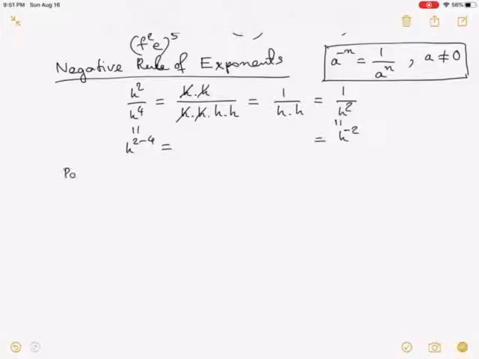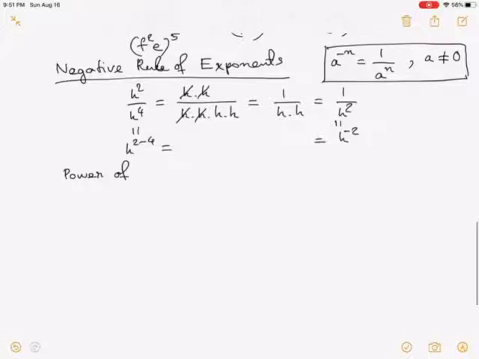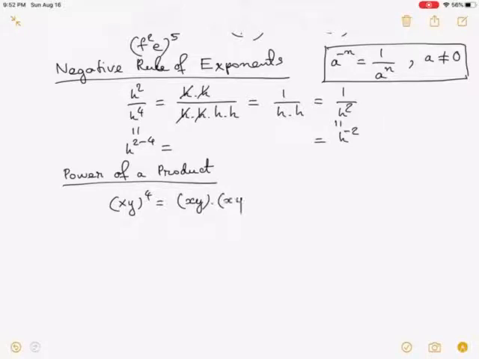Okay, so next rule, power of a product. If we have xy to the power 4, it is the same as xy times xy times xy times xy, 4 times.